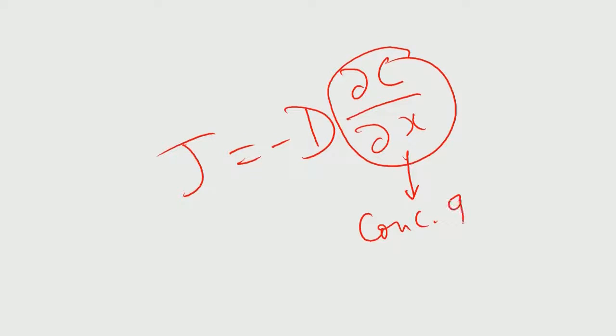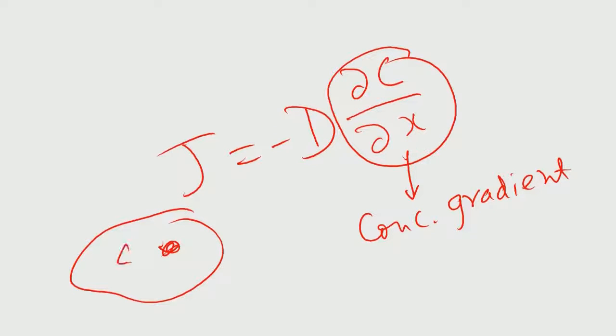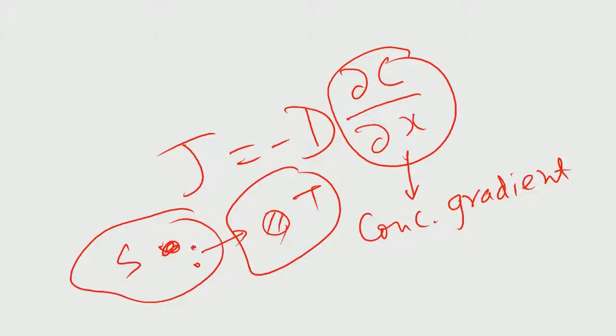If you have a source cell here, which is S, and a target cell here with a different nucleus, let us say, and a large number of signaling molecules in the source cell, then certainly there is a concentration gradient between the source cell and the target cell.